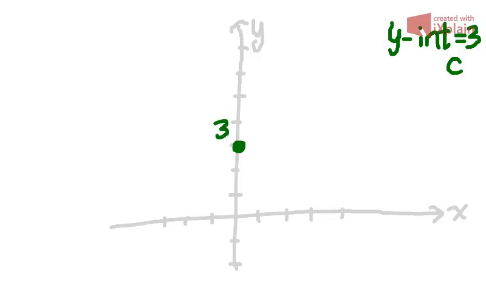Then we have to remember that our gradient, or m, was 2. But we also talked about looking at that as a fraction, 2 over 1. So we know that from this green y-intercept, we have to go up 2 units. So let's go up to unit 1, 2. So we are actually now on 5, because we went 3, 4, 5.